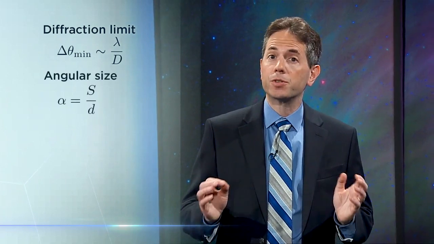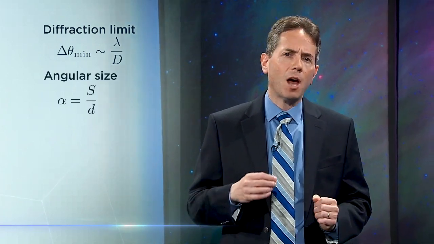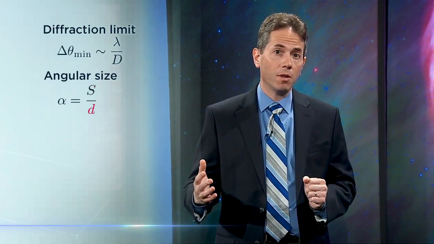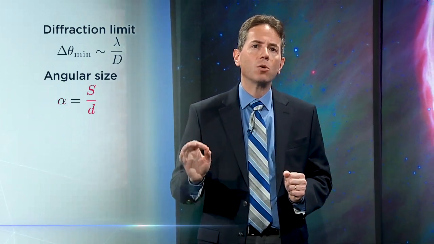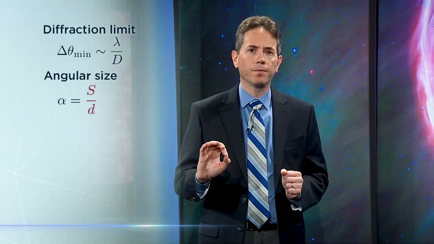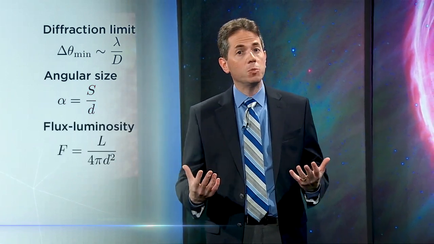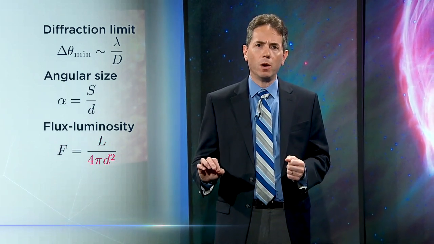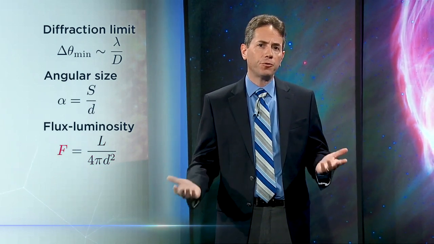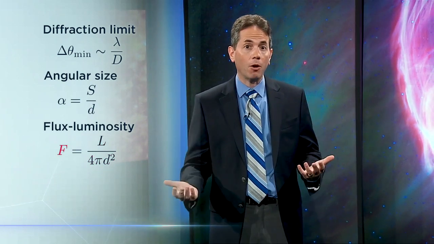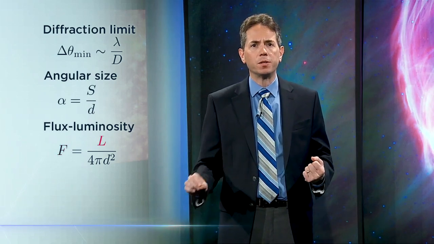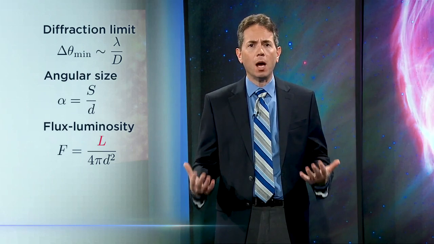Next, angular size. If an object of size s is located a distance d from Earth, its angular size is s over d radians. Third is the flux luminosity relation, F equals L over 4 pi d squared. Here F is the flux, the power per unit area that we can measure, and L is the power of the source itself, the intrinsic luminosity.